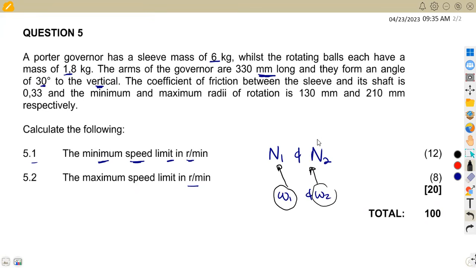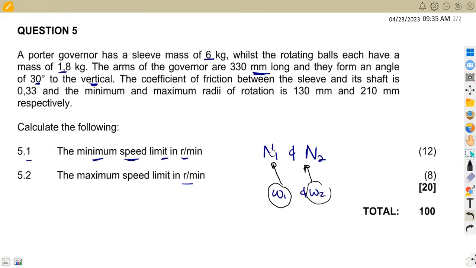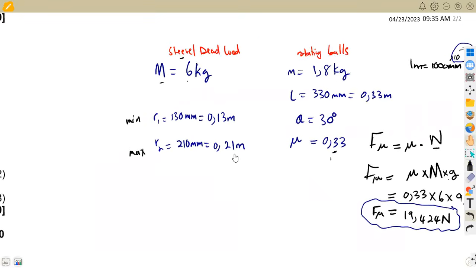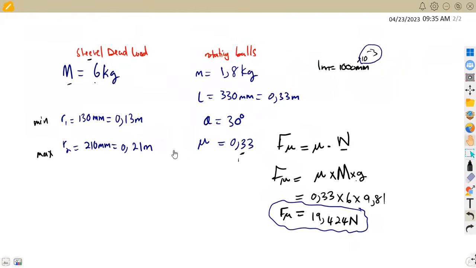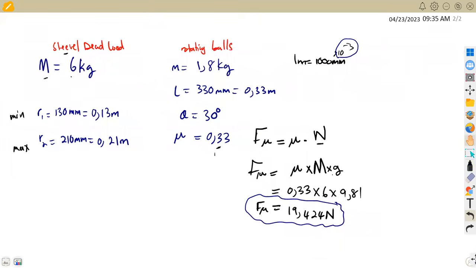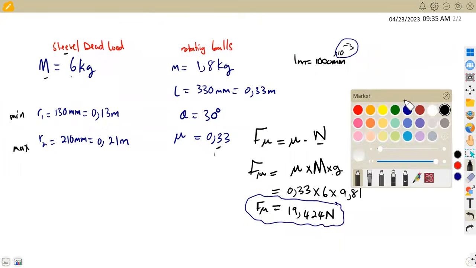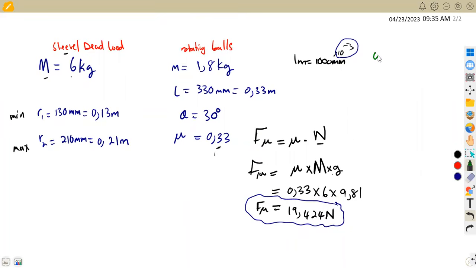Remember, I told you guys that there's a relationship between the N, which is in revs per minute, and the omega in rad per second. Let me just write the relationship before we put the diagram and do the calculation. Remember that omega is equivalent to 2 pi N over 60, provided that this N is in revs per minute. You shall obtain your omega in rad per second.